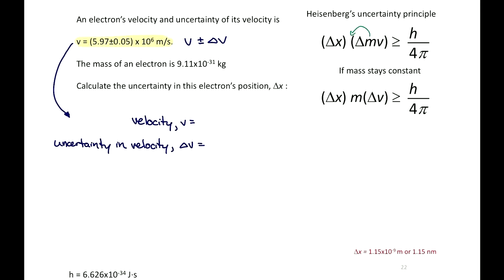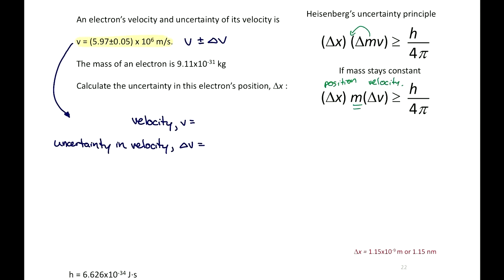So this is position times the mass of the object, because the mass of the object's not changing, times its uncertainty in velocity. All right? And then at this point, it's just math, but we need to make sure that the values here are good.